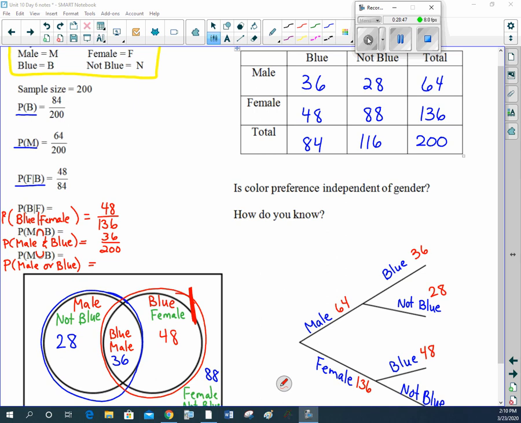So if we add those two together, we get 64 plus 84 out of the 200. But if you look up here, there's an overlap. We're looking for male or blue. This number right here got counted both times. It got counted in the blue and in the total category. So we're going to have to subtract out the 36, the overlap, and we end up with 112 out of 200.